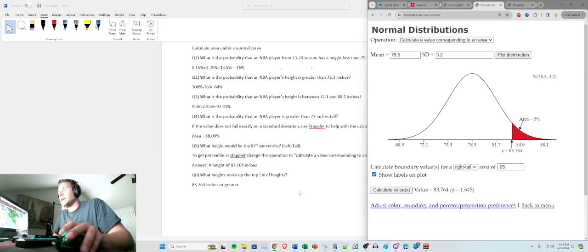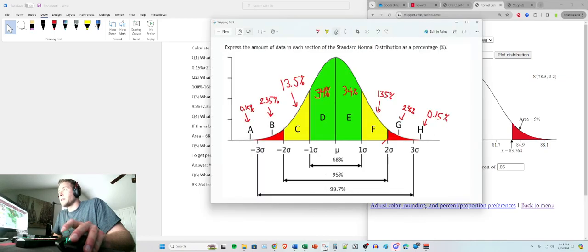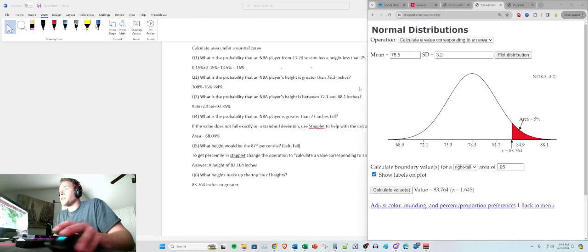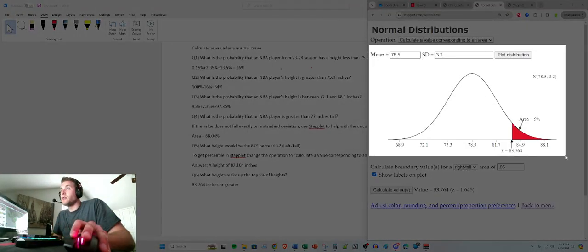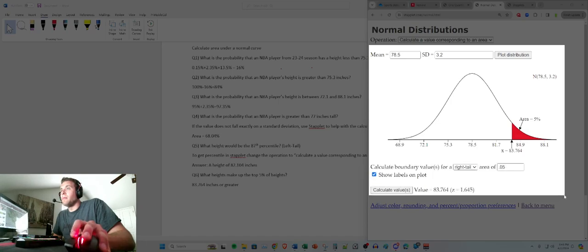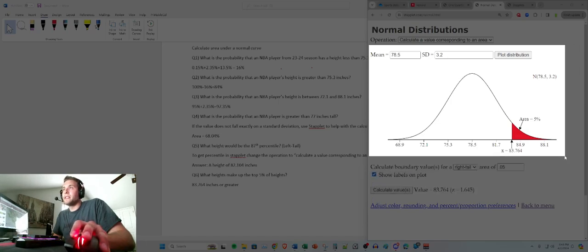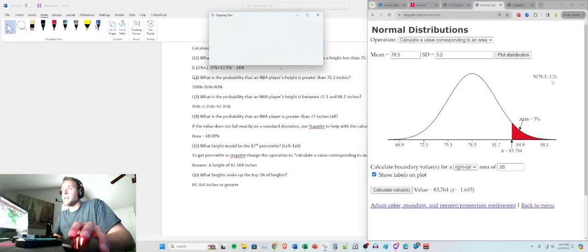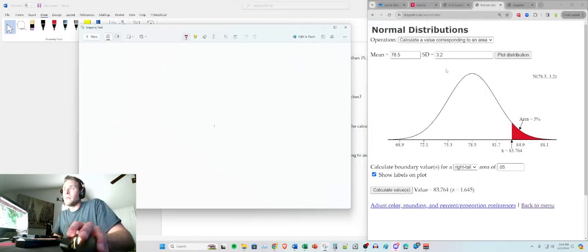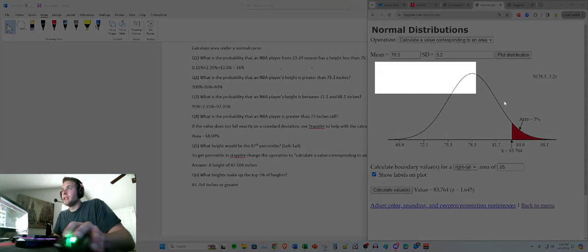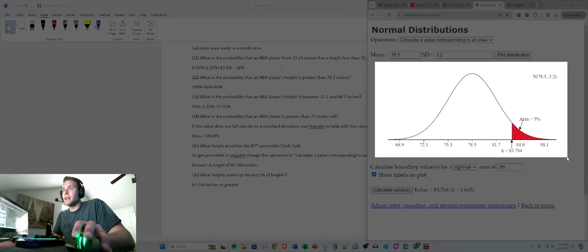For this one, just because we're wrapping up, I'll go ahead and show this. Actually, I don't need this. I want the labels on it. So all I would need to see is just this. This tells me everything that I need to know.